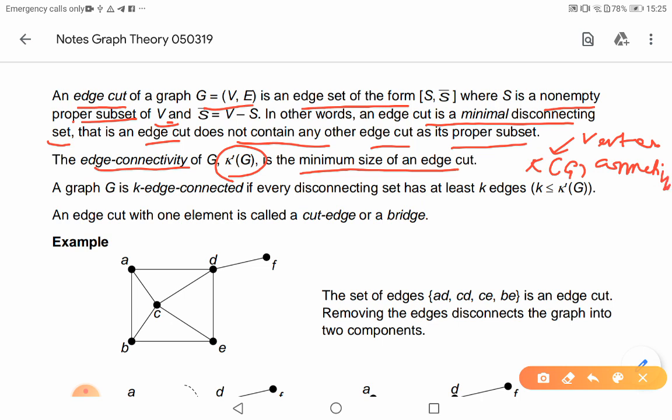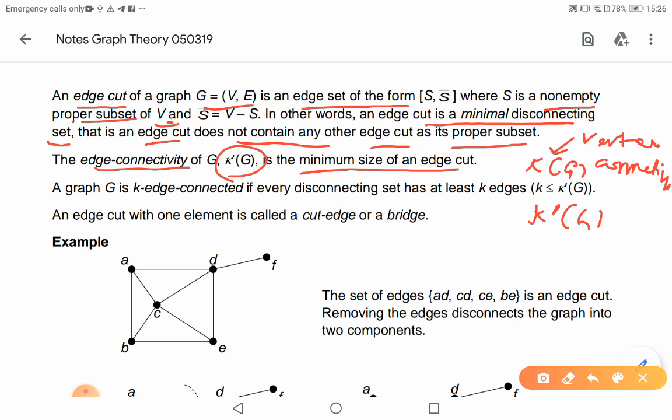So if we write kappa prime G, it means that it is not vertex connectivity, it must be edge connectivity. So you can remember kappa G for vertex, and kappa prime is the other side, that is edge connectivity.